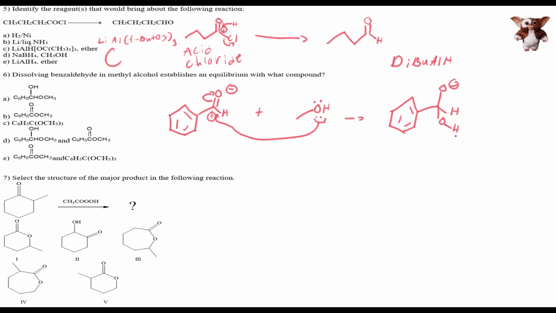Here's my alcohol and a methyl. Now we can protonate this oxygen right here. This hydrogen can leave the oxygen, and it can be picked up by this oxygen. Sorry, so we can have this benzene ring.